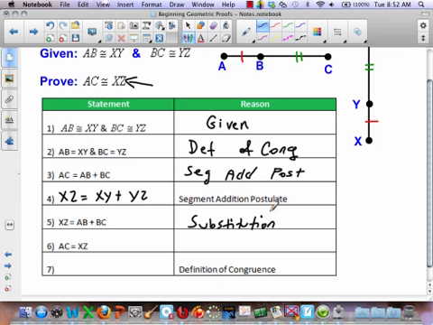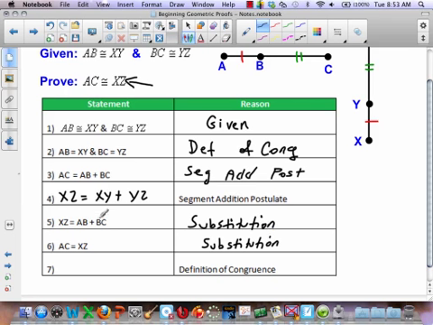So then what is number 6? How do I get AC is equal to XZ? Would it be substitution again? Yes, because you're substituting. It's addition: you're substituting your AB plus BC equals AC.